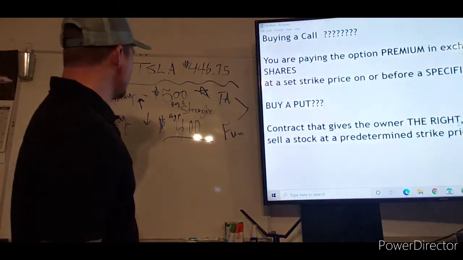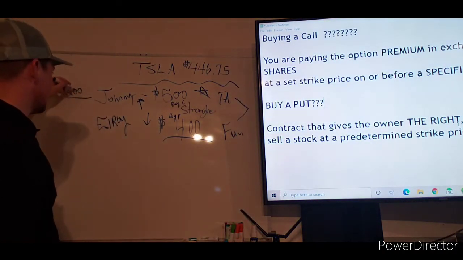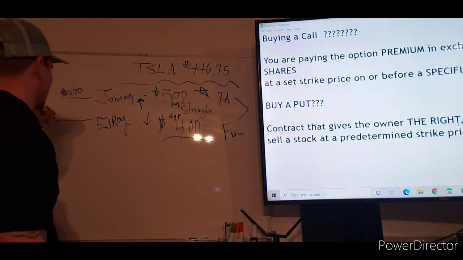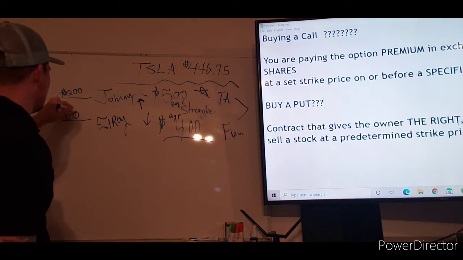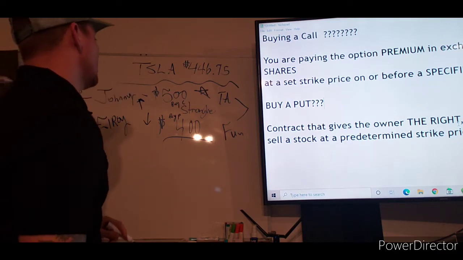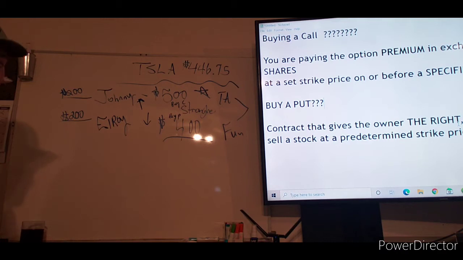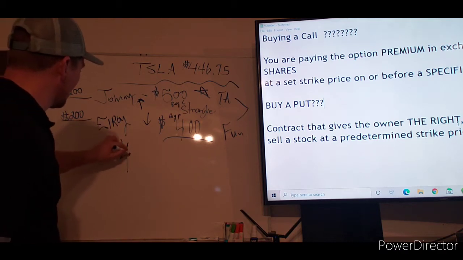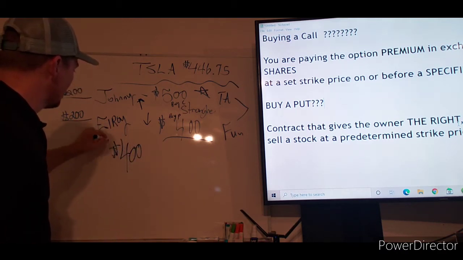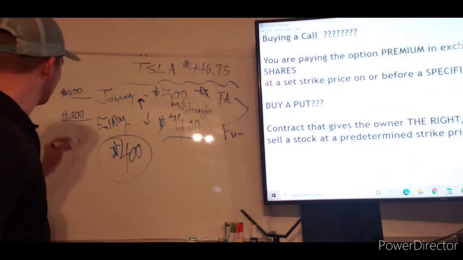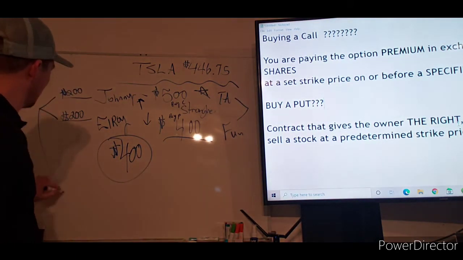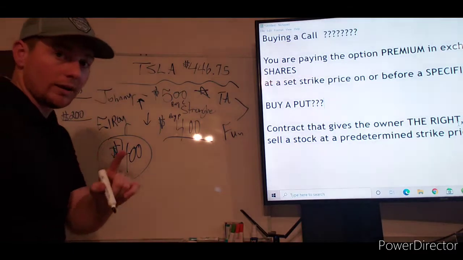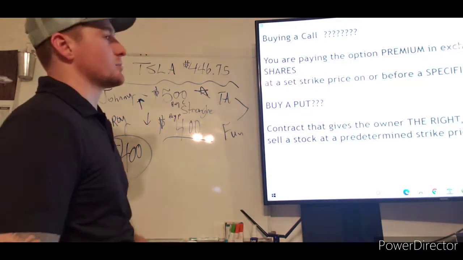Say both of these cost $200, which is obviously not accurate because Tesla is very expensive. But instead of paying $200 for one call or $200 for one put, you're going to pay $400 and get one of each. So now you have one call and one put, which is a strangle, which is a position.